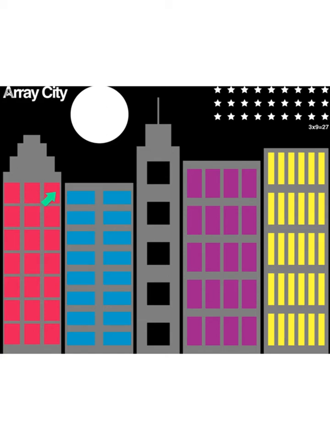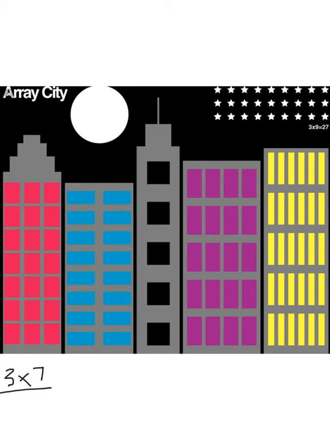Okay, so 3 in my row, good. 3 times 1, 2, 3, 4, 5, 6, 7. 3 times 7. Okay, so pause the video and you figure out our multiplication problem for the next 4 buildings, okay?